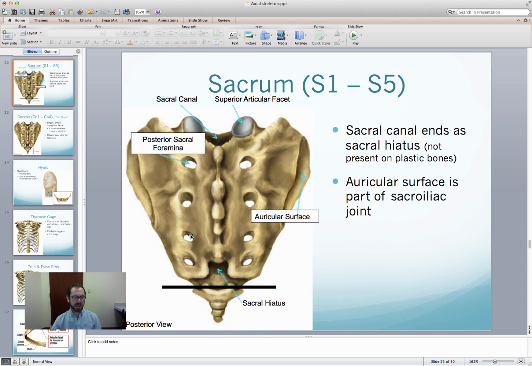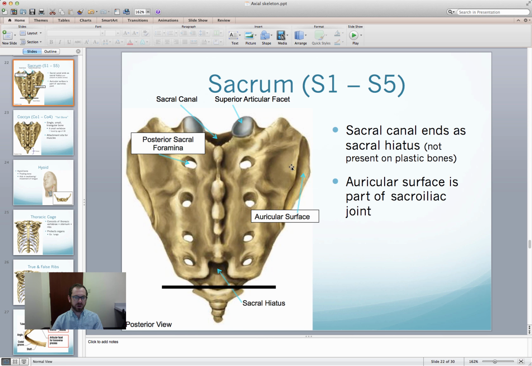These foramina now, since we're on the posterior side, we call them the posterior sacral foramina. The sacral canal, this is where the spinal cord is going to be. And we also have this auricular surface.